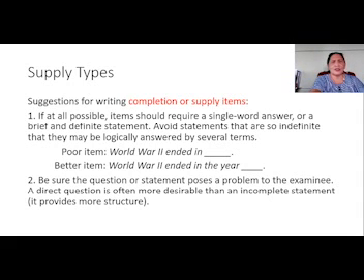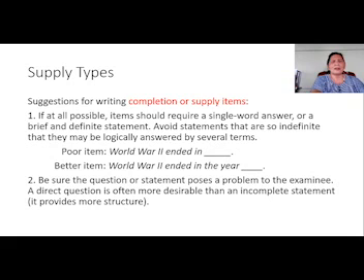I'll start with completion. This is a very common type of test to you. Everybody has gone through this, starting from elementary up to college. This is what we call filling in the blanks.